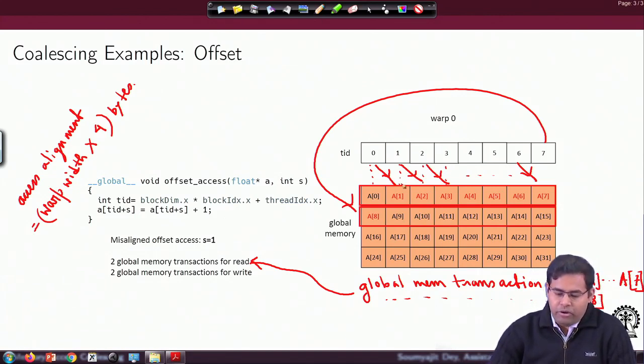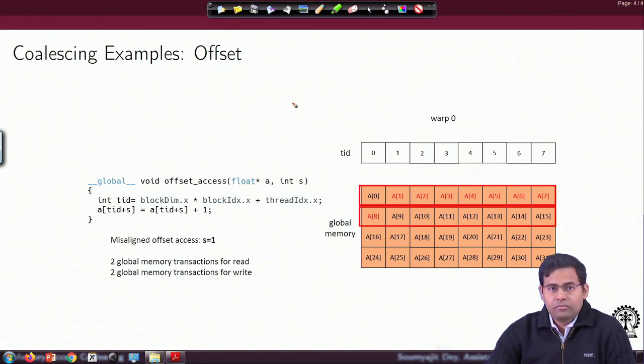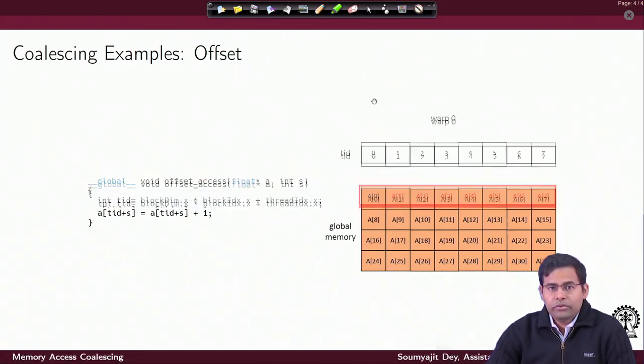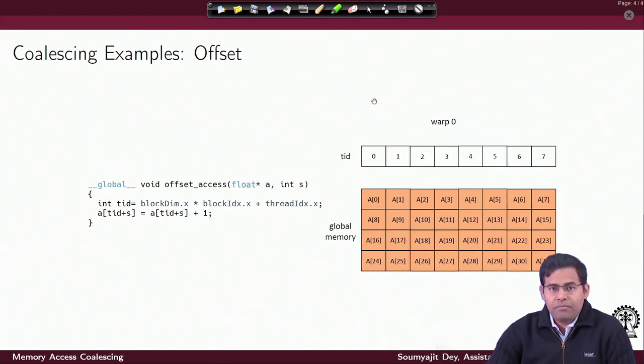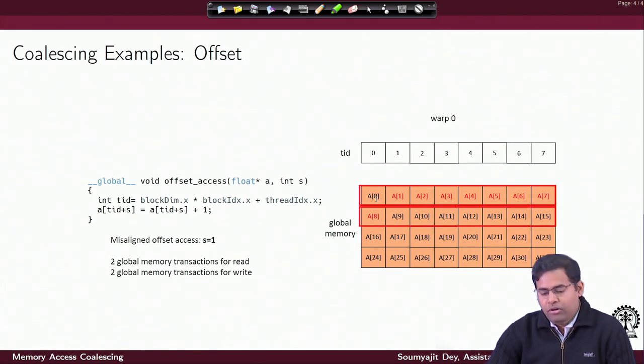I hope this point of access alignment now becomes clear with this example of offset. Just to summarize again, we showed the earlier example where all the accesses are nicely aligned, because we have the warp width times 4 bytes.